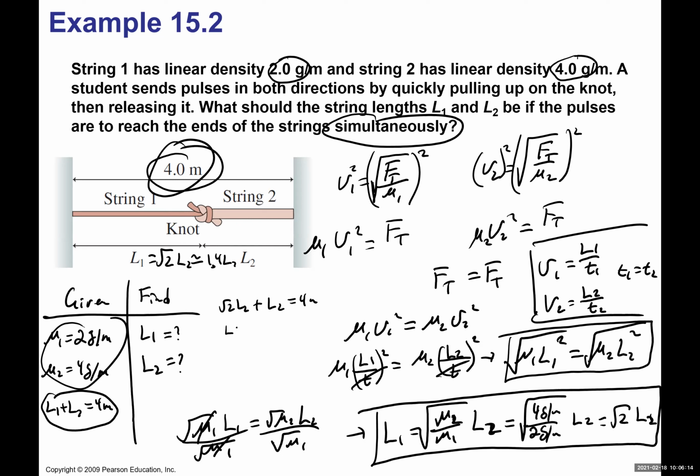Factor out L2, then square root of 2 plus 1 times L2 equals 4 meters, then solve for L2, which is, let's say, 1.7 meters. Then go back to this equation and solve for L1, since now I know what L2 is. So L1 equals 2.3 meters. And we can get exact values of L1 and L2 that way as well.